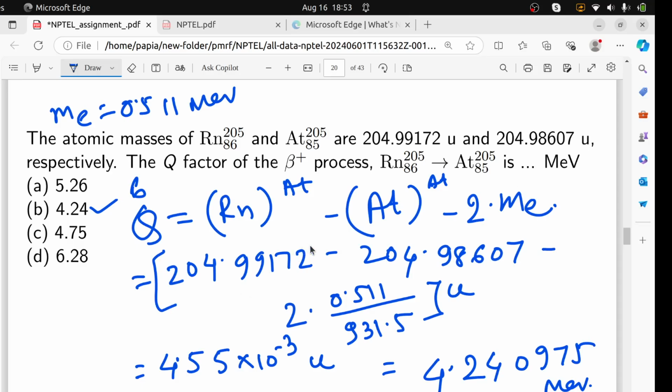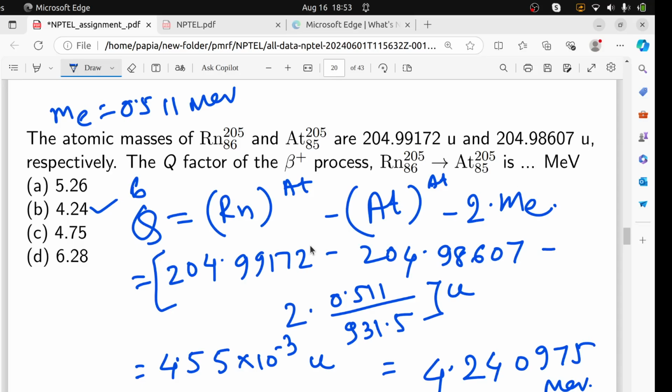Okay. So we need to remember what the Q value in terms of atomic mass unit is for beta plus and for beta minus. For the beta minus process, it was simply the difference between the heavy parent mass and the daughter atomic mass. But for the beta plus process, the expression will be the atomic mass of the parent particle minus the atomic mass of the daughter particle minus 2 into me.